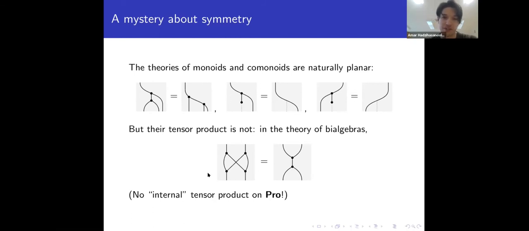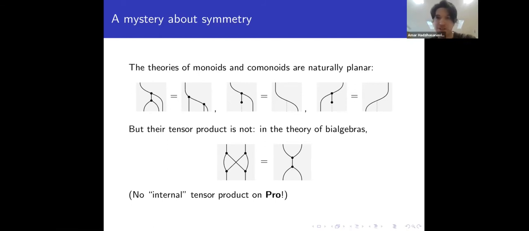But somehow in this equation, which presents a compatibility between the monoid multiplication and the comonoid comultiplication, this symmetry cannot be clearly attributed to either factor. So the only thing that we can really do is consider it part of the background structure of whatever universe of theories we are considering.